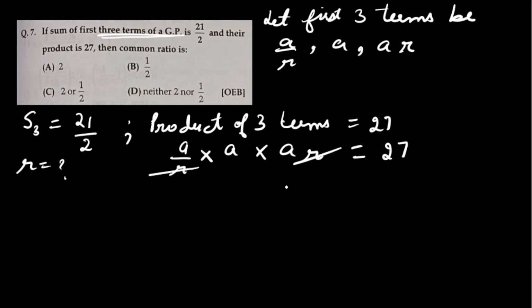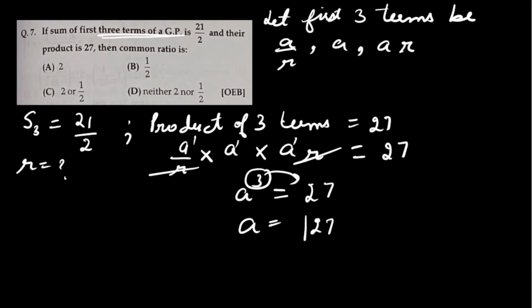Here R and R will get cancelled, and A into A into A becomes A cube, since 1 plus 1 plus 1 is 3 by the law of exponents. So A cube equals 27. If we shift the 3 to the other side, it becomes the cube root of 27, so A equals 3.